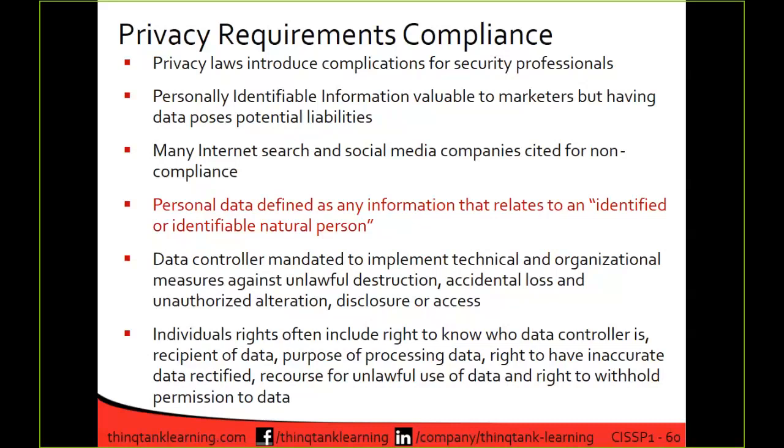Personally identifiable information is obviously very valuable to marketers, but the data possesses potential liabilities, right? There's a gray area. For example, Facebook and Google and these other big companies have access to so much personal information. They can make use of that information to enhance the experience of the user using the application, right?